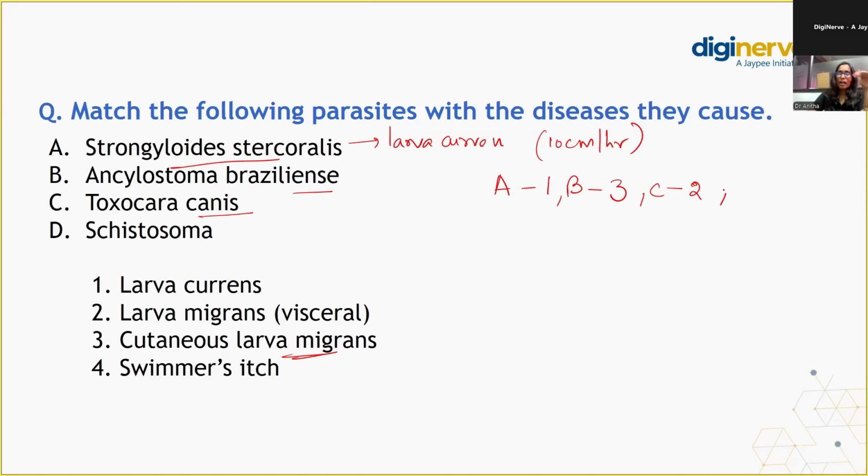Again it enters the body through penetration, and here the causative agent is the cercarial larva, and it causes cercarial itch, which is otherwise called swimmer's itch. So it is D to 4. Okay, so this is the answer.